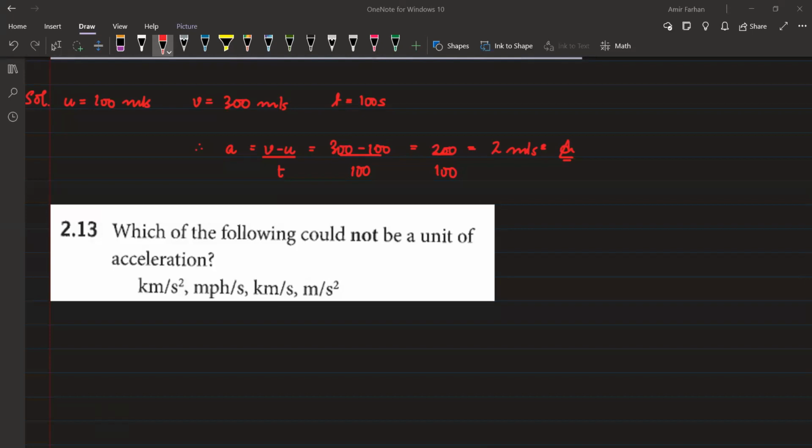Miles per hour and meters per hour. Sorry, kilometers per hour. Which of the following cannot be a unit of acceleration?